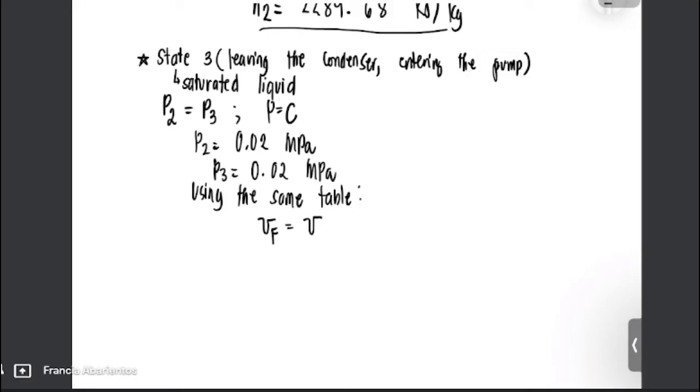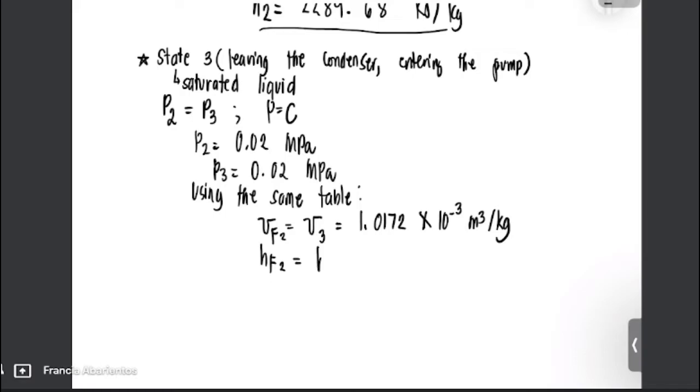So we have now the specific volume at 3, which is equal to 1.0172 times 10 to the negative 3 m³ per kilogram. And we also have the HF at 0.02.